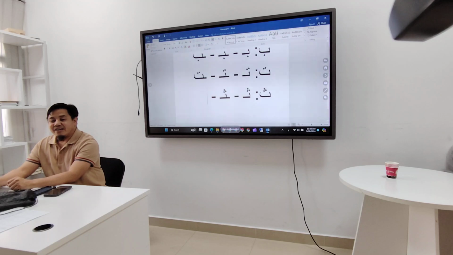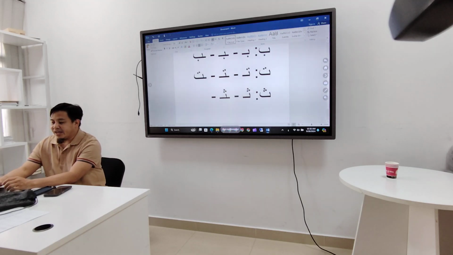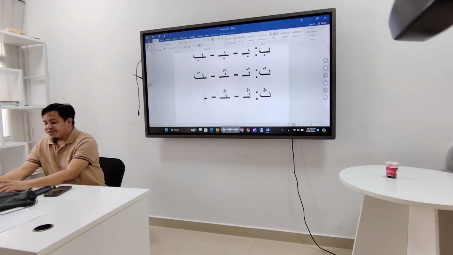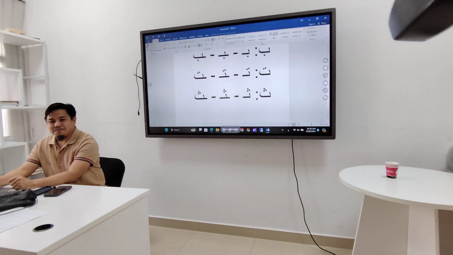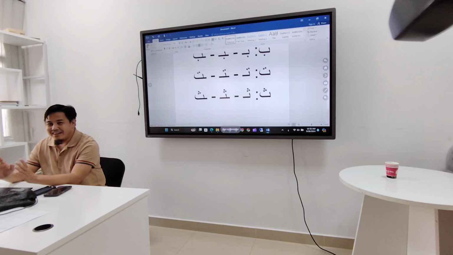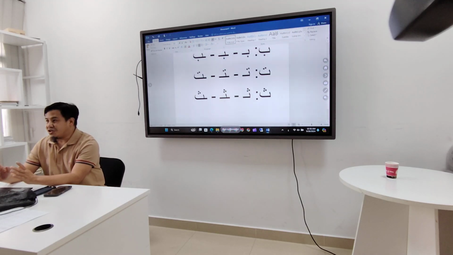In the final form, a connector and then tha at the end. Clear? Now, I want to continue with two more letters similar to them.